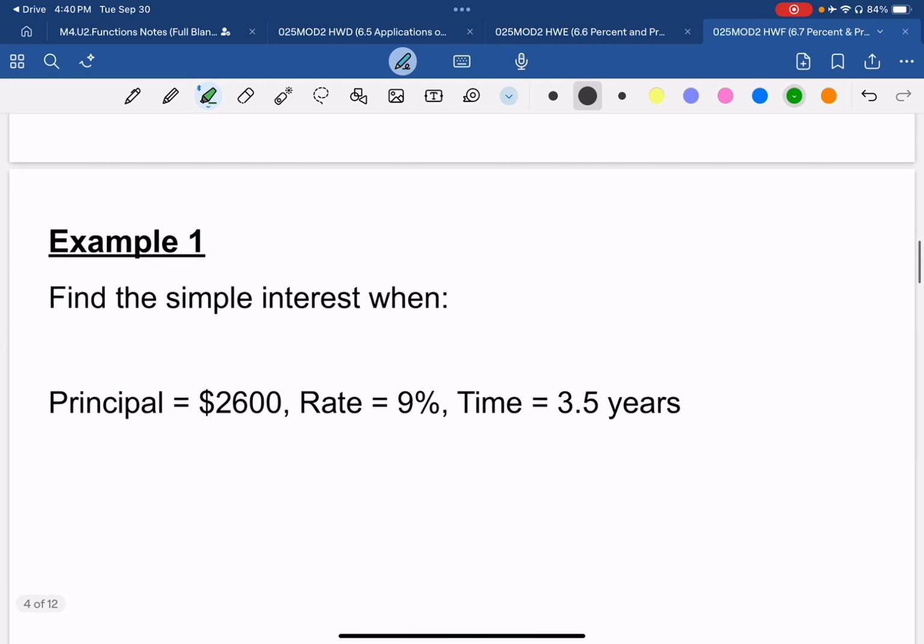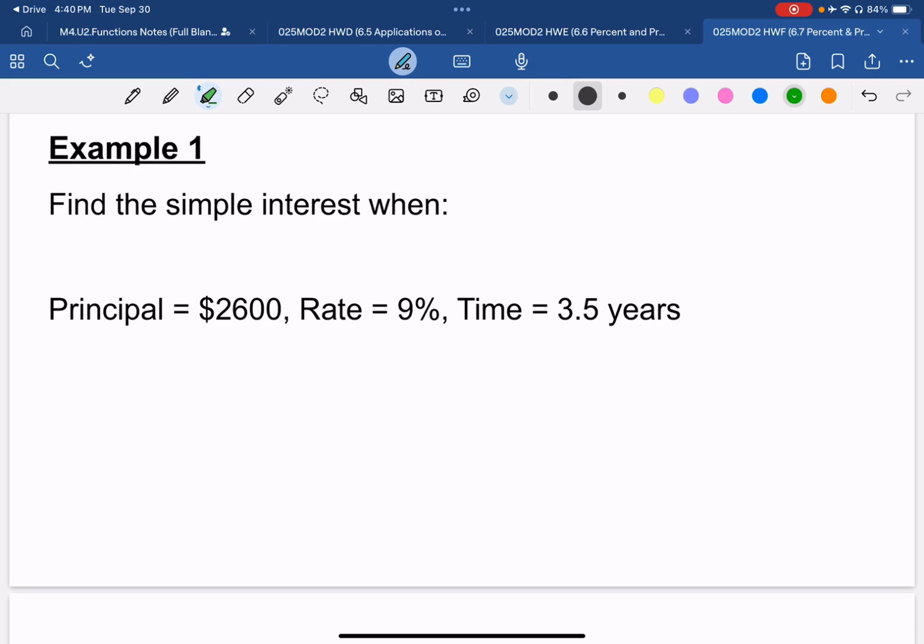So let's look at an example. Find the simple interest when the principal is $2,600, the rate is 9%, and the time is 3.5 years. Our interest is principal times rate times time.